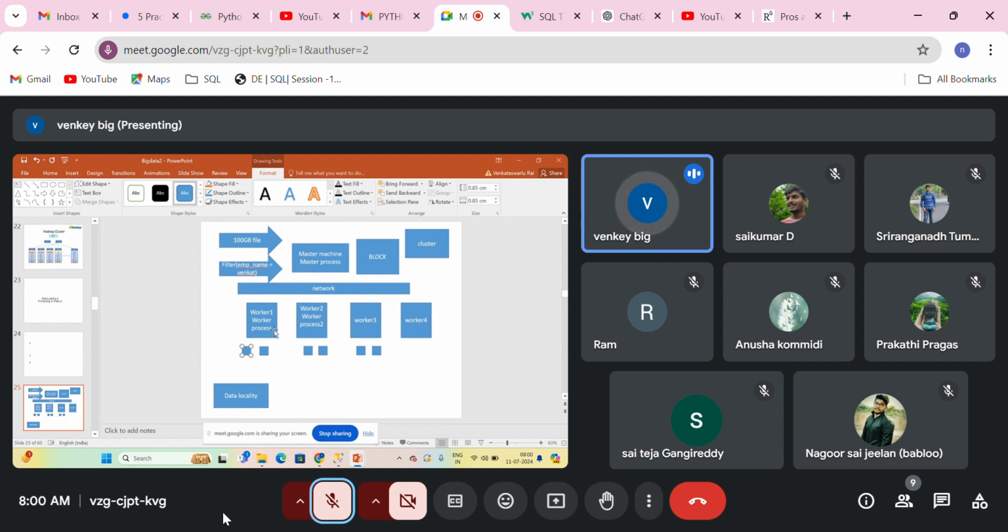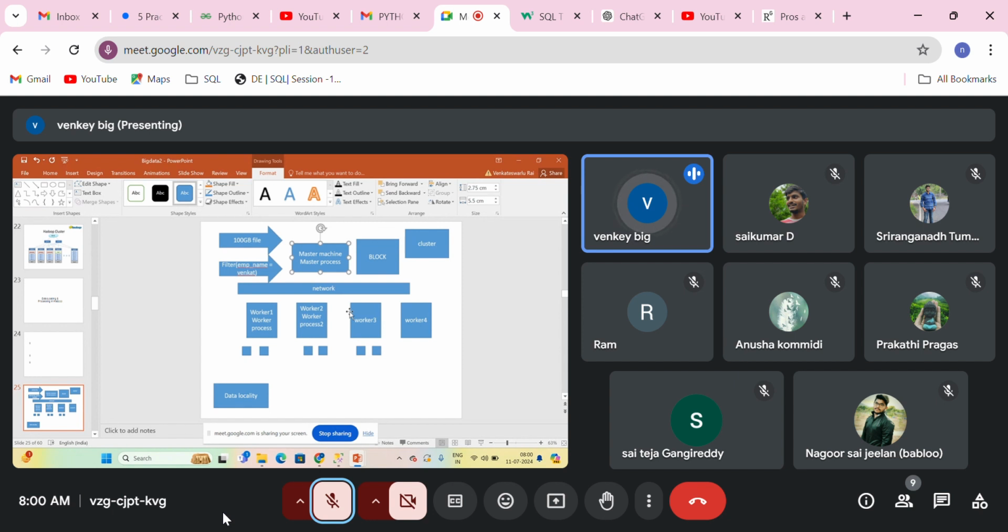So your worker process will take the logic and apply it on top of the small partitions it has. At the end, all the worker processes return the data to the master process, and your master process will give the response to the client. So this is what distributed storage and distributed processing are.